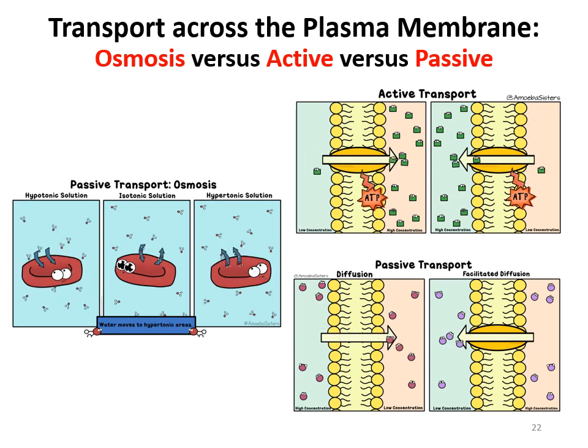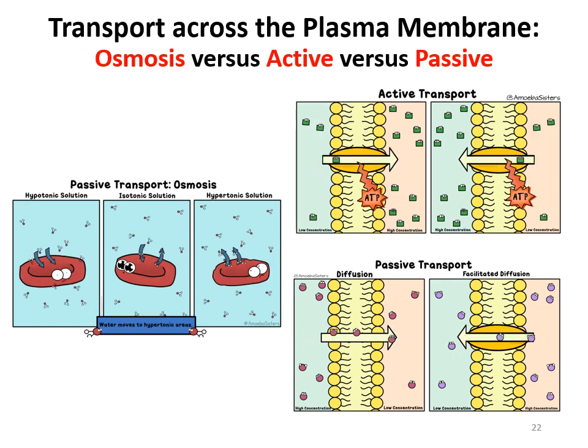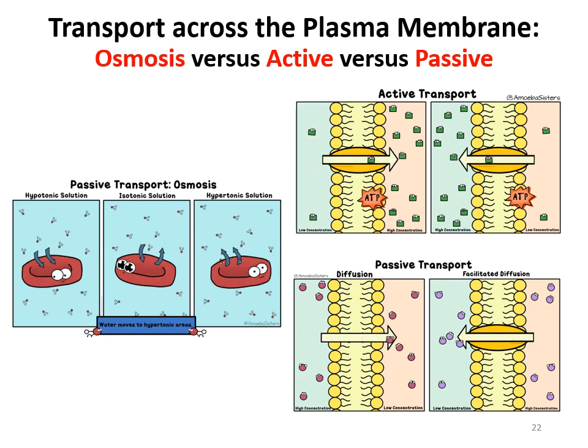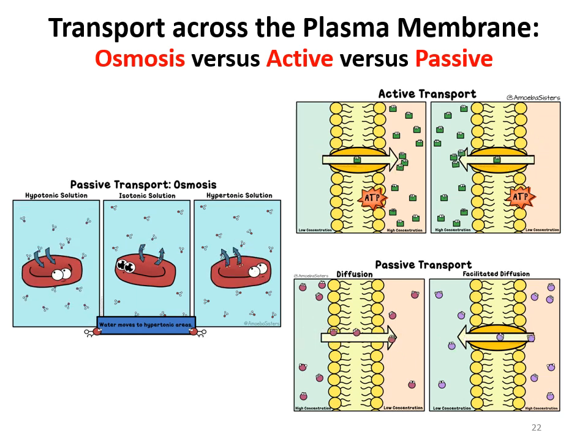The way that I remember what happens in hypotonic solutions is I think hippo, hypo. So whenever you hear hypo, think hippo, getting really, really big. The cell gets really, really big, it swells and can burst.